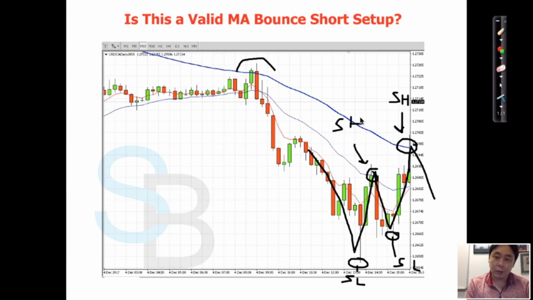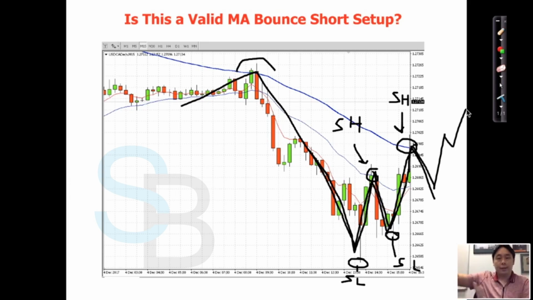So again, that is not a very good setup. It should make lower highs and lower lows. In this case, this high is higher than this high, and this low is higher than this low. So it tells you that this downtrend wave could in fact be going higher. It is not a clear downtrend, it is an invalid trade.